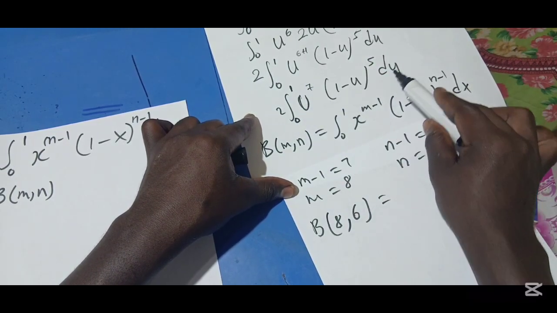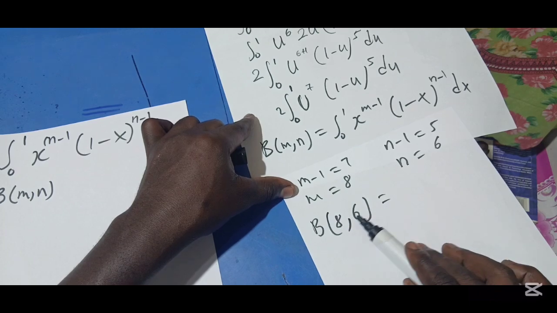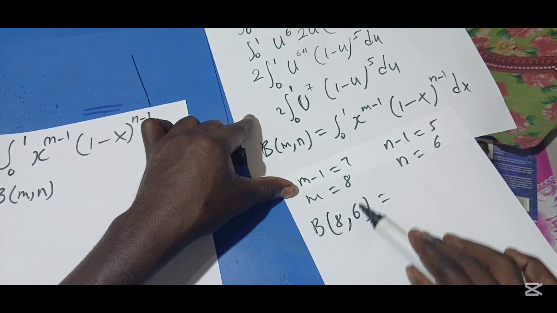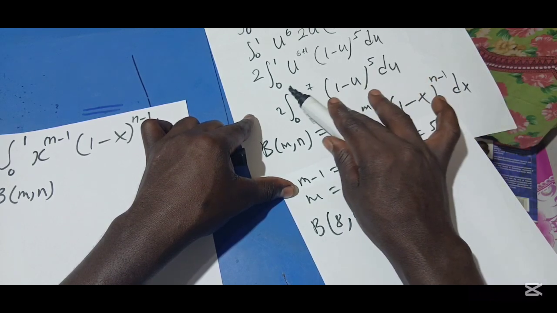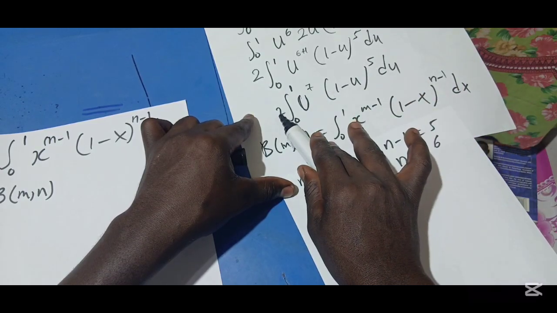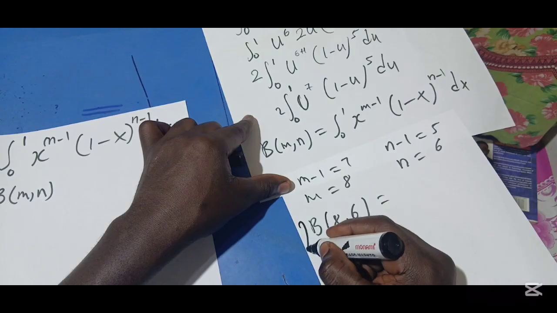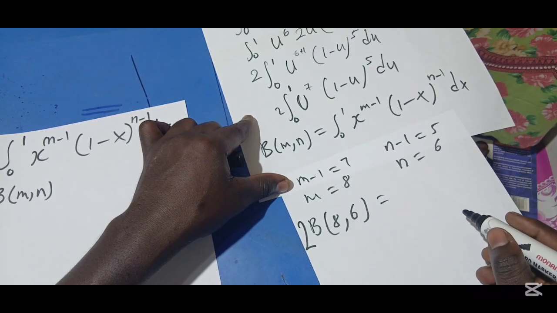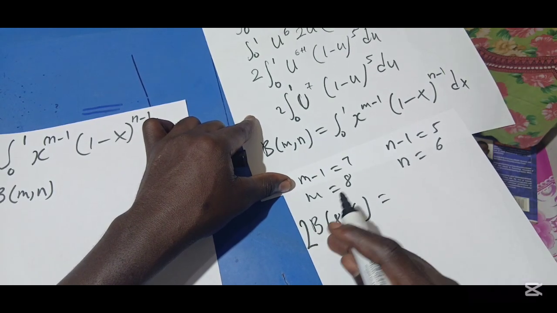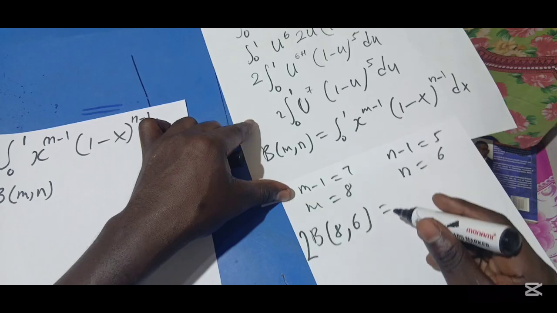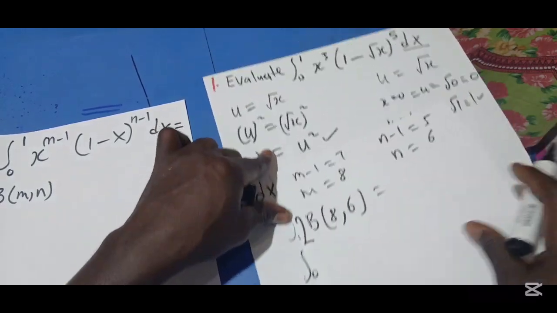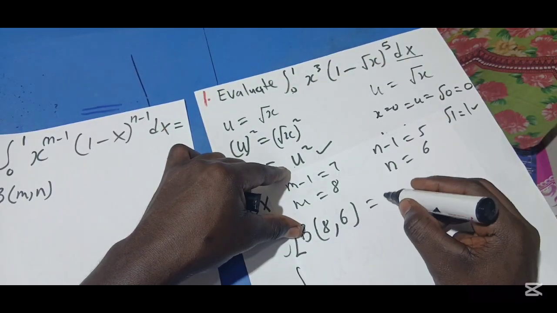This is going to be our beta of 8, 6. If we evaluate beta of 8, 6, the value that we will get should be the result for this. But we have a constant here, so this constant should affect this. So we should bring our 2 here, so 2 beta of 8, 6 should be the solution for this whole expression.